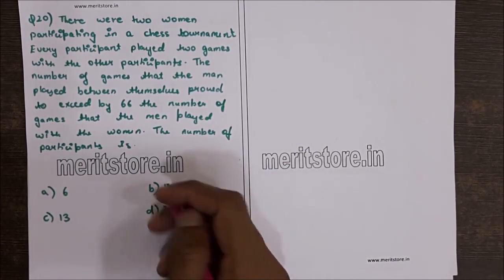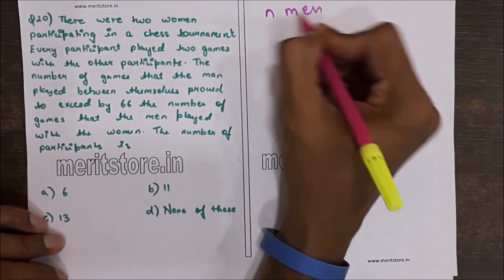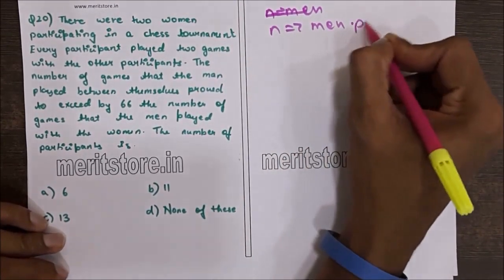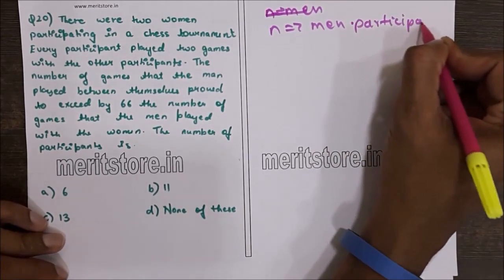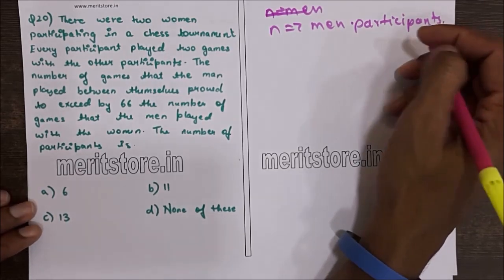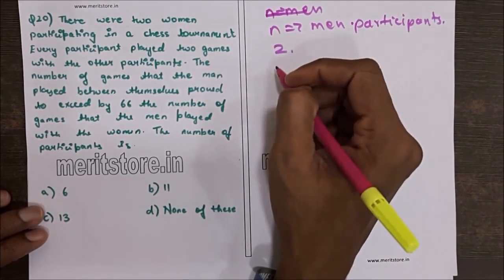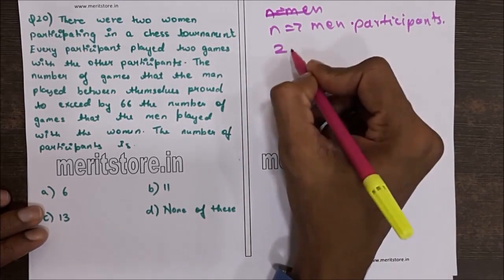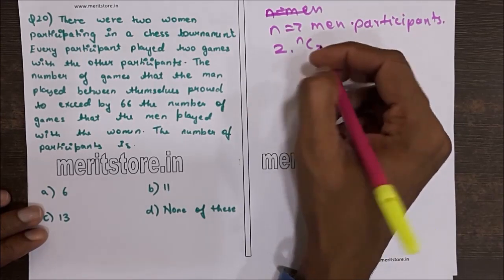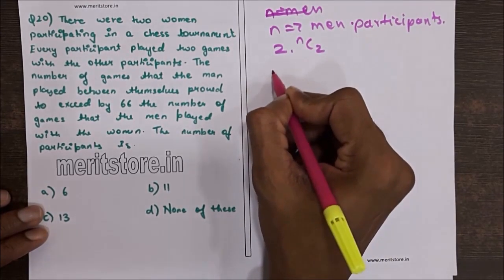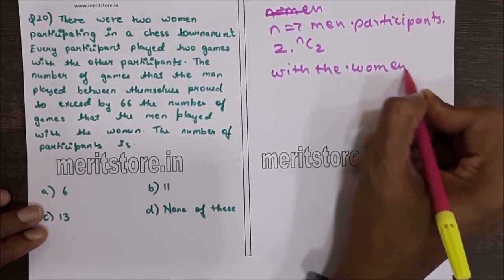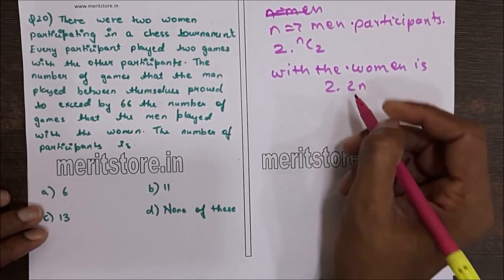Let there be n men participants. Then the number of games that the men play between themselves is 2 into nC2, and the number of games that the men played with women is 2 into 2n.